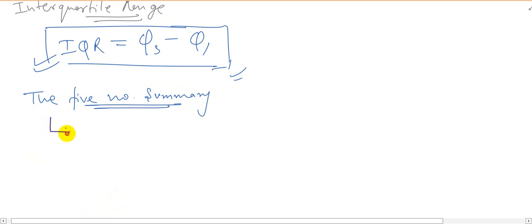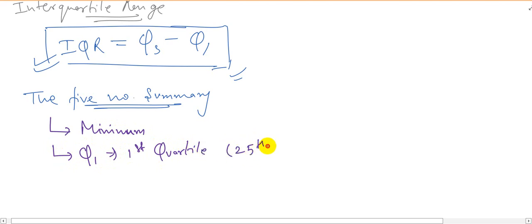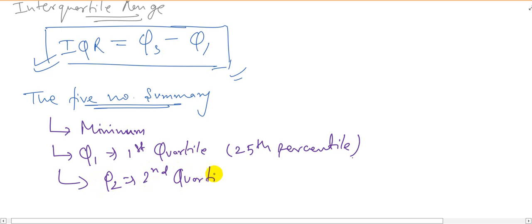The first thing is the minimum. What is the minimum value of the data set? The next thing is Q1, that is the first quartile or 25th percentile, right? The next thing is Q2, which is the second quartile, and this is nothing but your 50th percentile, and it is also known as median.